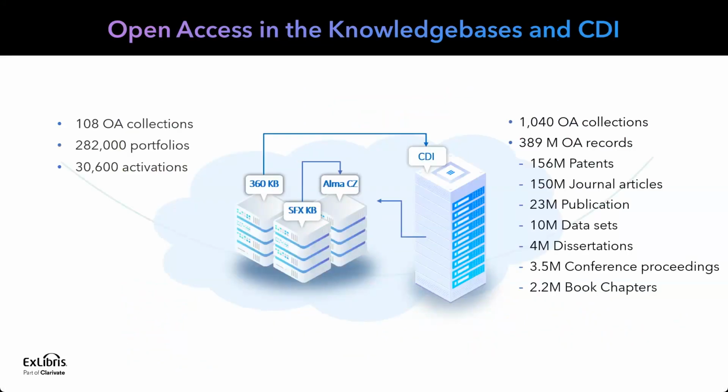Let's look at some numbers of open access in the knowledge bases and CDI. In the three knowledge bases Ex Libris maintains, Alma, SFX, and 360 KB, there are approximately 108 collections that are entirely open access. These collections contain 282,000 portfolios, with over 30,600 activations.